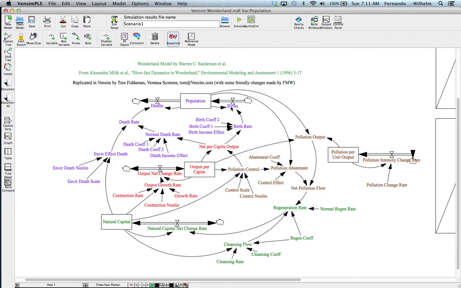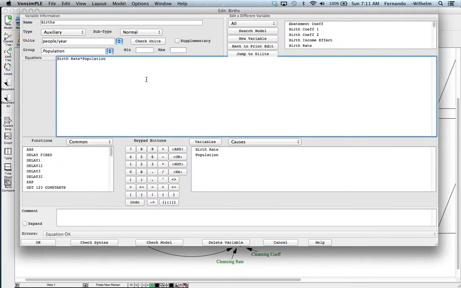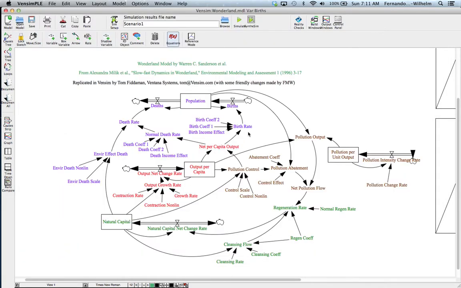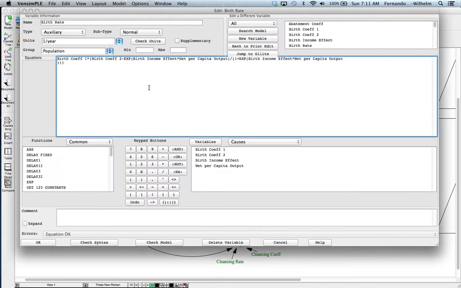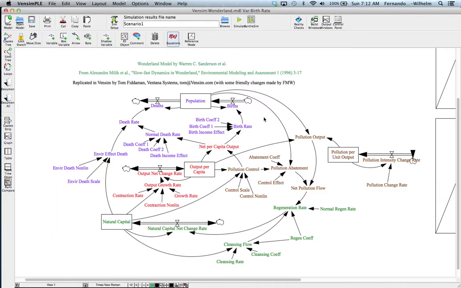So if you look at the births, you'll see that it's composed of the product of population times the birth rate, in people per year. And the birth rate is essentially one of the equations in the paper. It's got the coefficients, like beta 1 and beta 2, and the exponential function. So these are the functions that are presented in the paper. Essentially this group of variables, I'm not going to go through all of them.